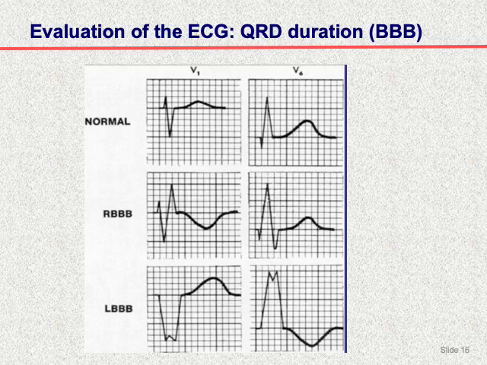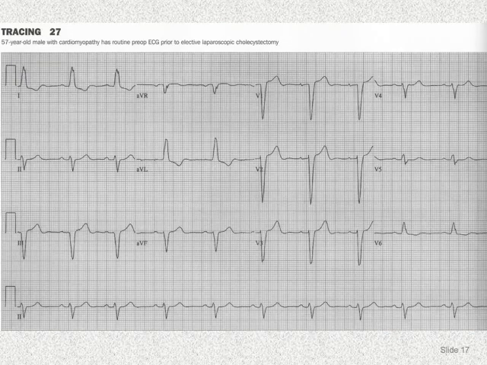If this M pattern is present in V1, which is the right-sided chest lead, it will be a right bundle branch block. If this M pattern is present in V6 or lead 1, which are left side leads, it will be a left bundle branch block. We see here a clinical example.